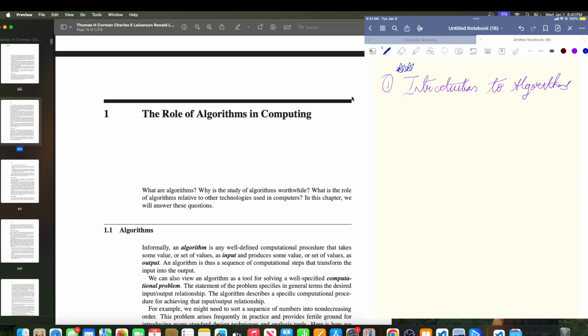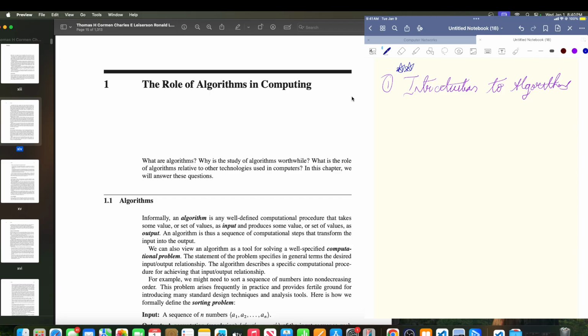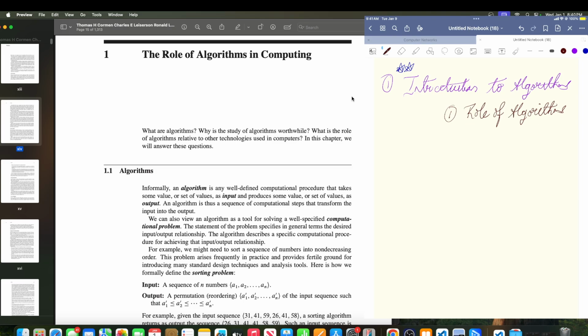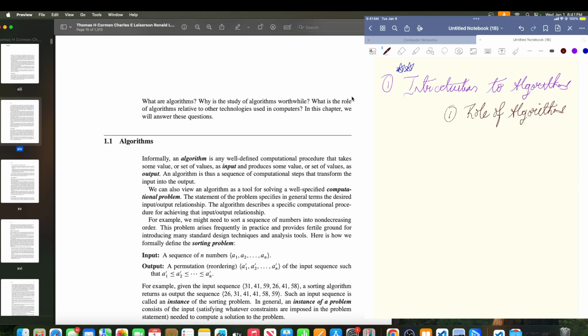The role of algorithms in computing. So the first chapter that we are studying is the role of algorithms. Why do we need algorithms in the first place? An algorithm is a well-defined computational procedure that takes in some values as input and produces some values as output.